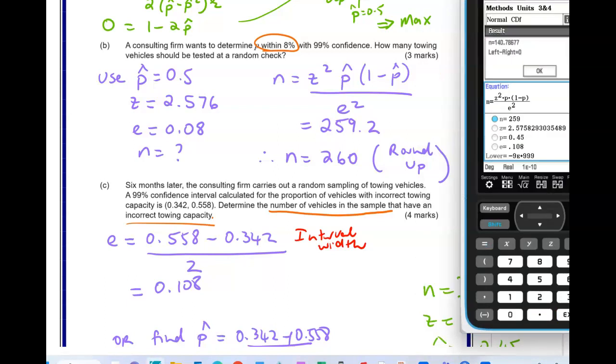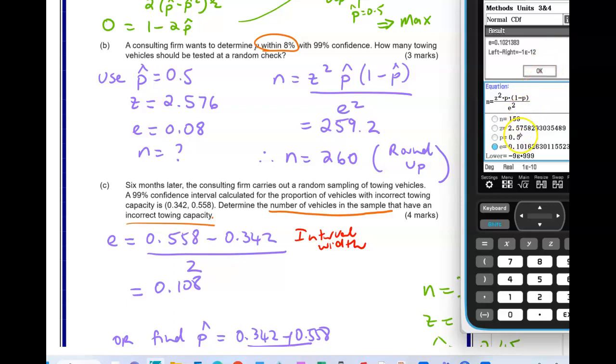We round up because if we didn't, with our margin of error of 0.08, just to show you, if that N value was 259 and we solve for E, no, something's not right there. My proportion should be 0.5. If we solve for E, I must have the wrong Z value as well, do I?